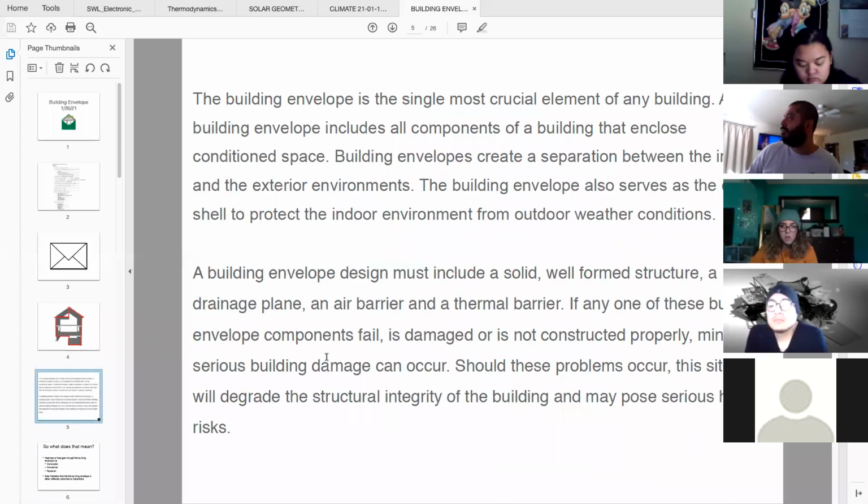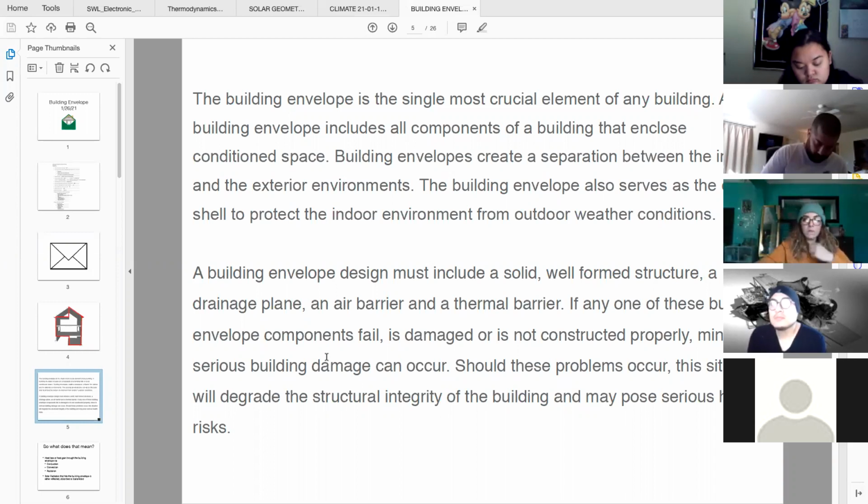The building envelope is the most important part of the building for heating and cooling loads. It encloses all of the conditioned space, and it creates the separation between the interior and the exterior environments. And again, that can be air or it can be the ground.